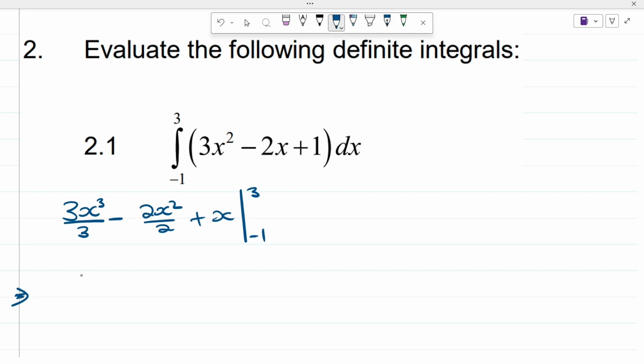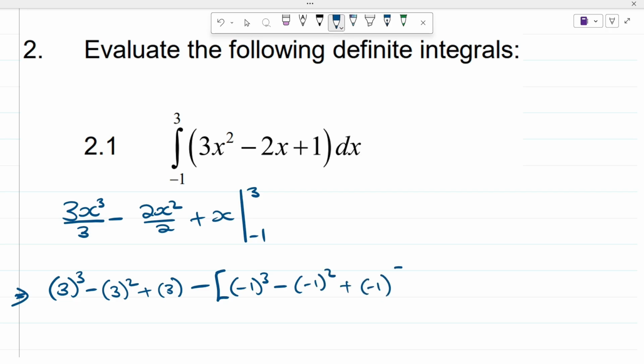It is going to be 3 cubed minus 3 squared plus 3, minus, then we put in minus 1 cubed minus minus 1 squared plus minus 1.